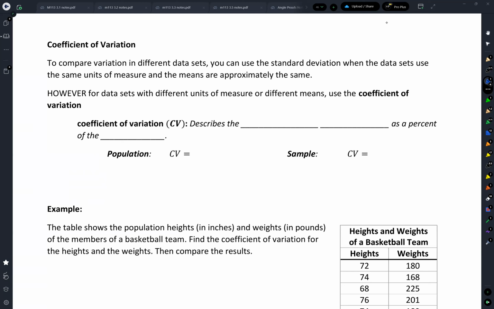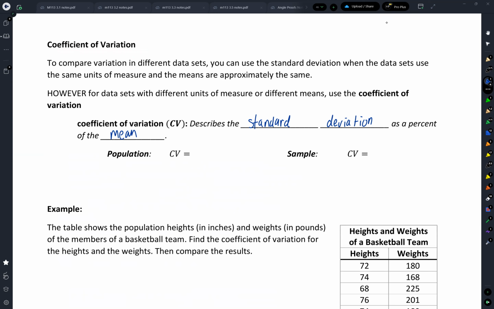However, for data sets with different units of measure or different means, we use the coefficient of variation. So the coefficient of variation describes the standard deviation as a percent of the mean.